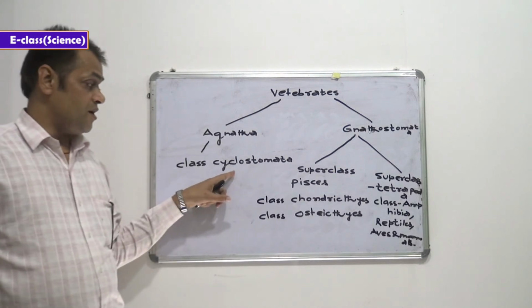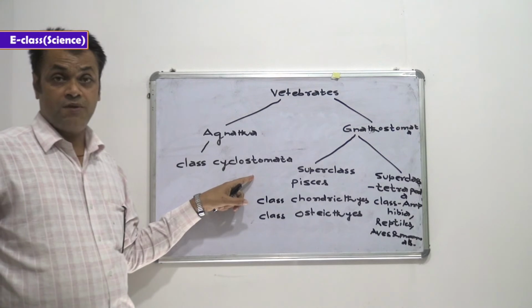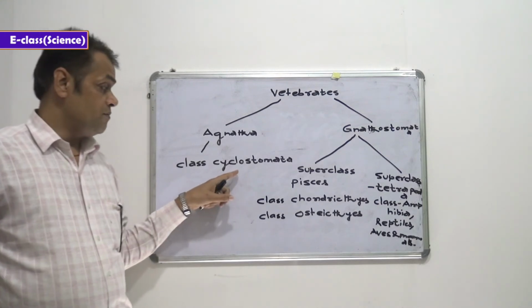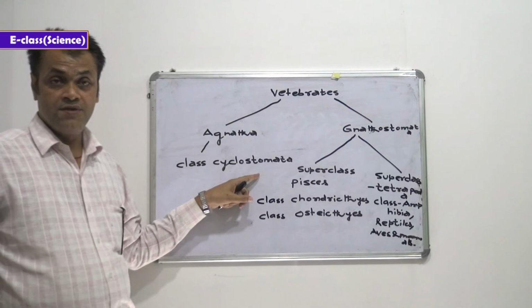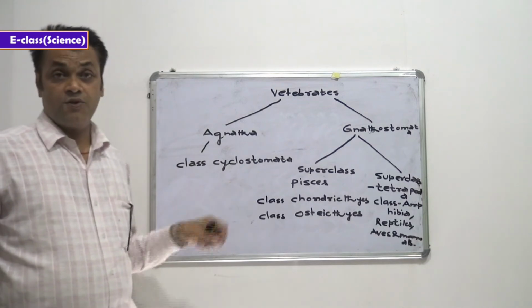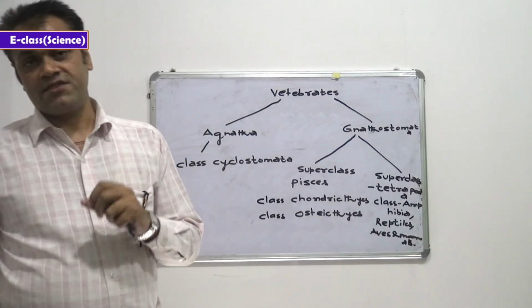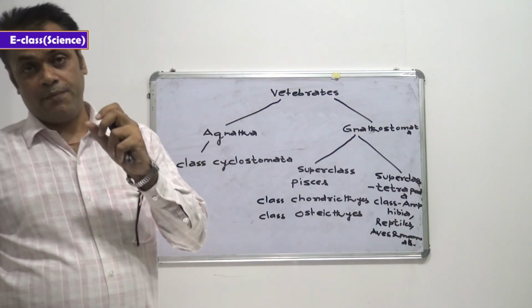The word cyclostomata is made up of two subwords. Cyclo means round and stoma means mouth. The members of Cyclostomata are parasites and usually marine.